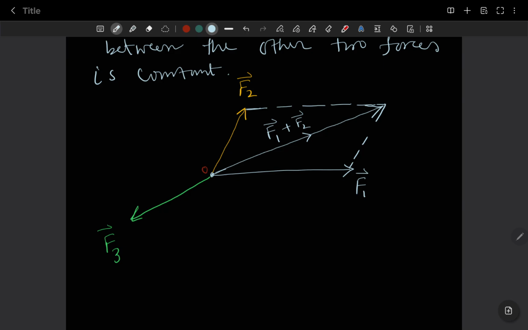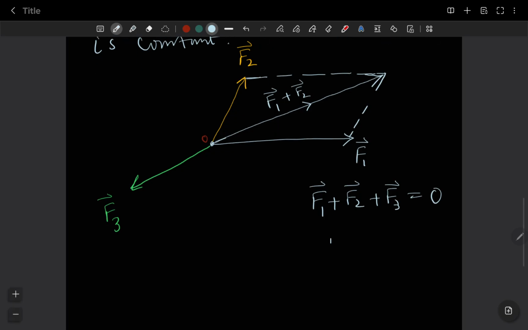In order to produce equilibrium, the vector sum of all these forces has to be 0. This is the condition of equilibrium. So F1 plus F2 has to equal minus F3.